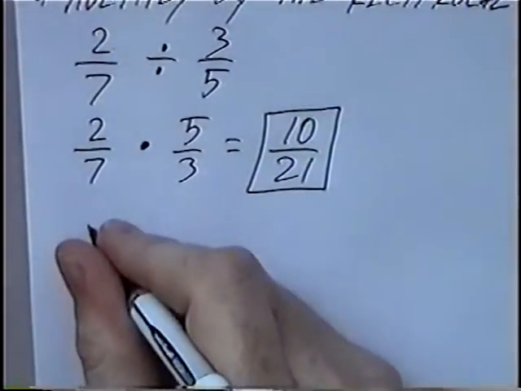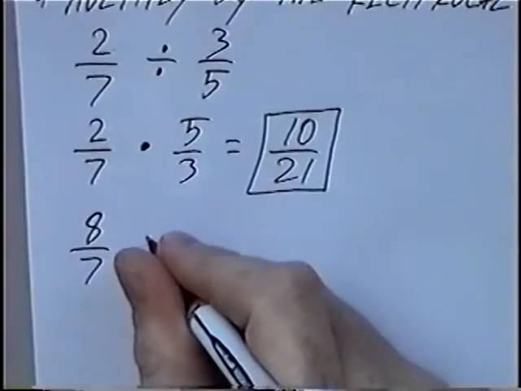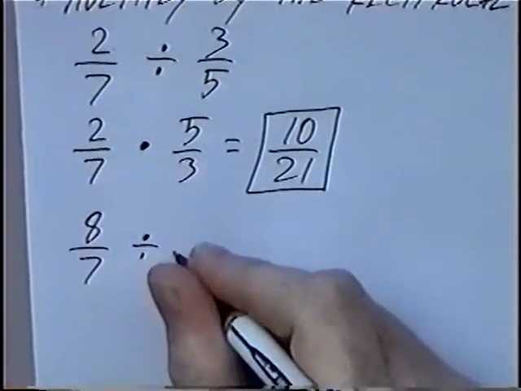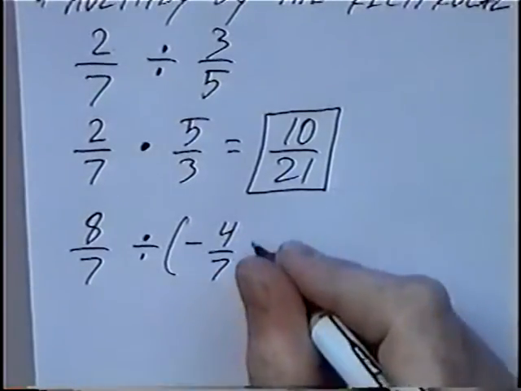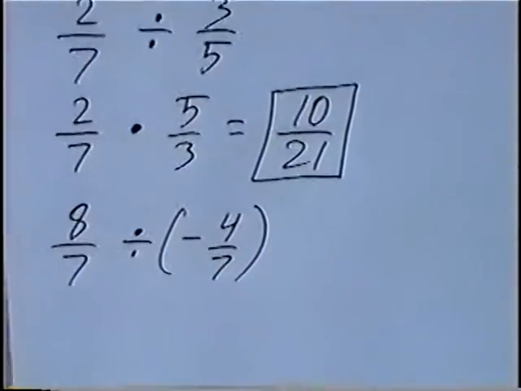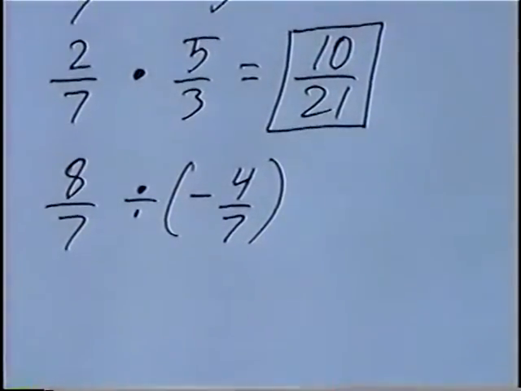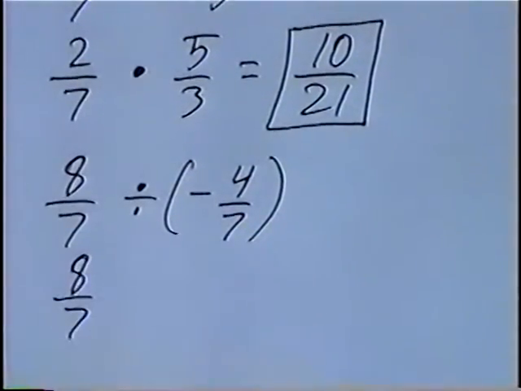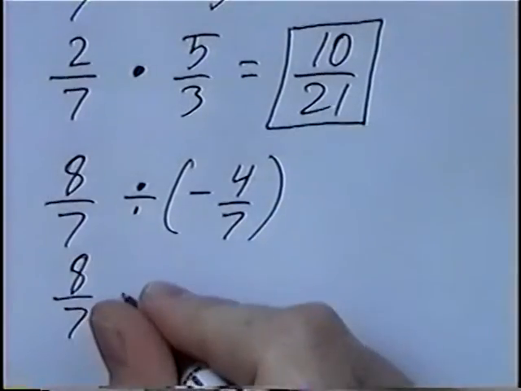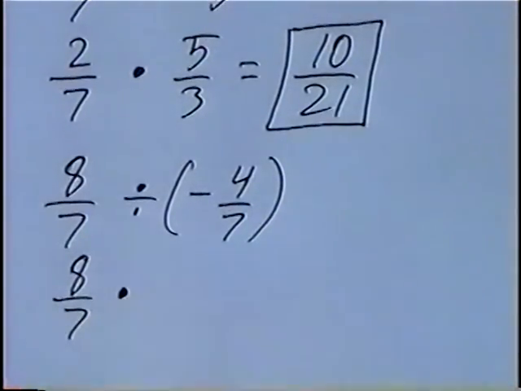Second question, 8 over 7 divided by, in parentheses, negative 4 over 7. Again, anytime we're dividing by a fraction, the first fraction we can leave the same. And instead of dividing, we can change to multiplication.